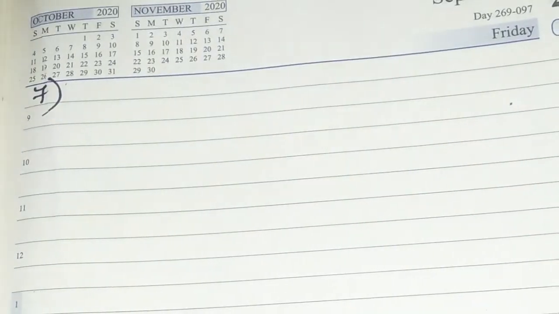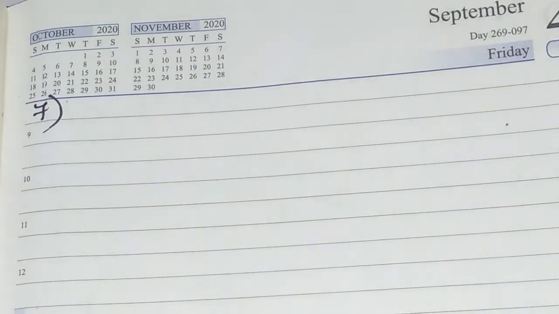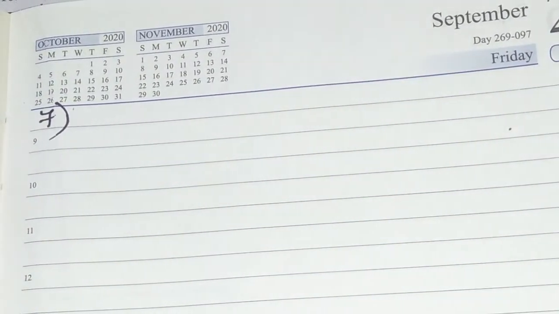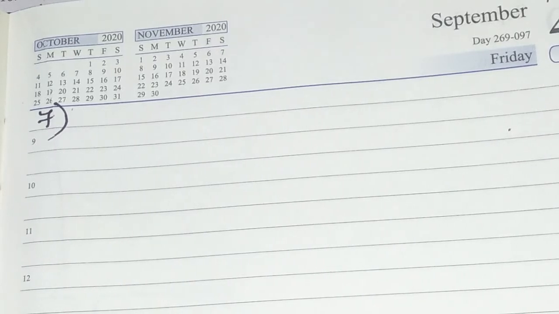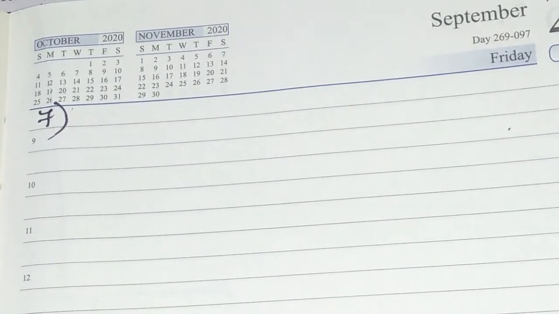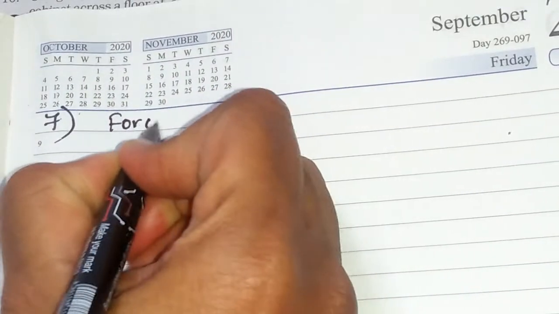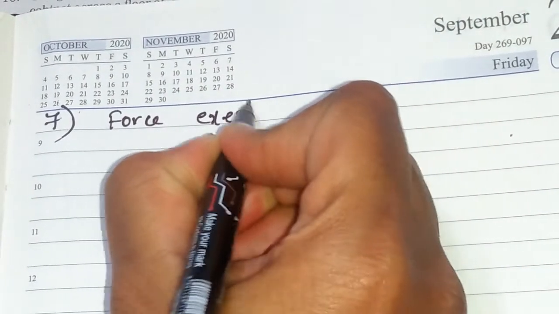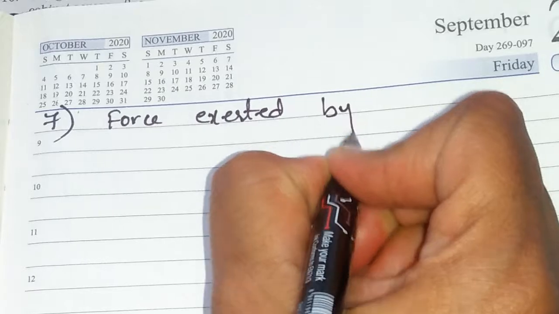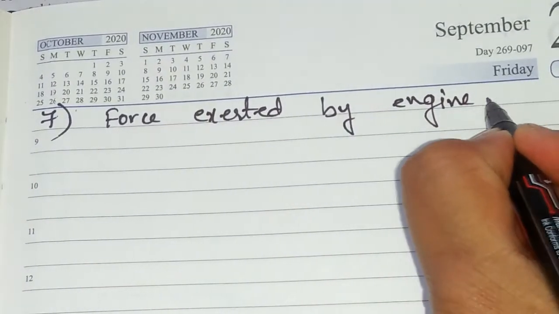Now, here we are going to calculate the first question which is given here, that is the net accelerating force. So, first let me write what is the force exerted by the engine and what is the force exerted by the track also, that is a frictional force. So here the force exerted by engine, this is for moving the train.